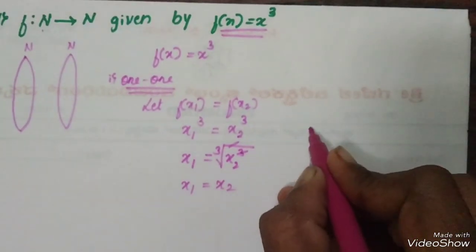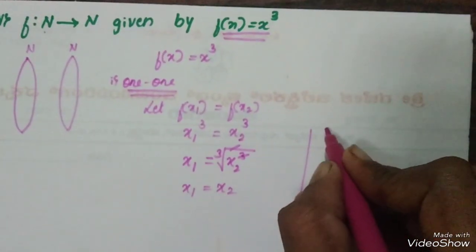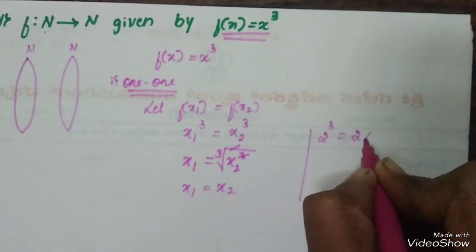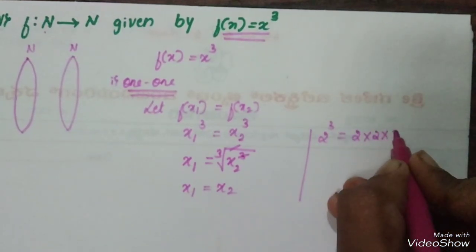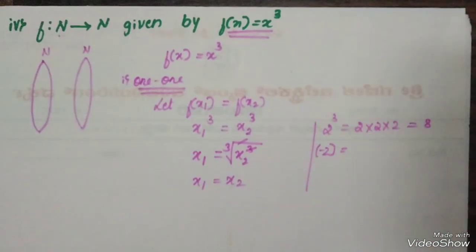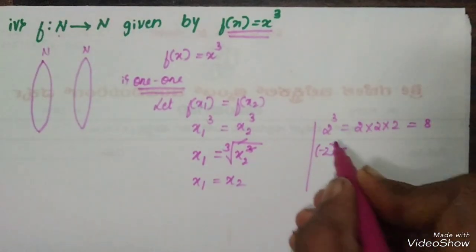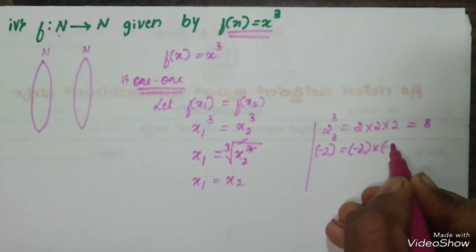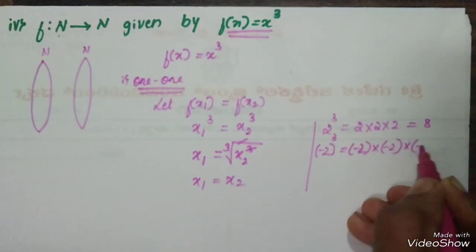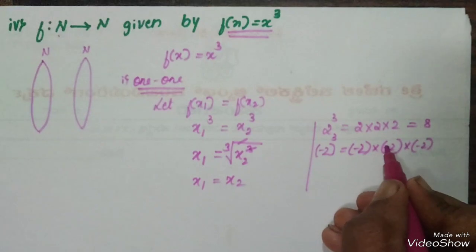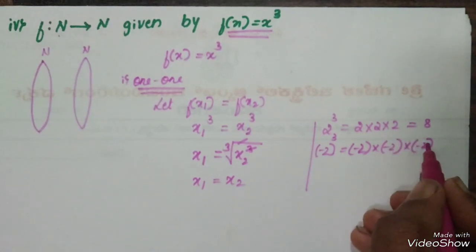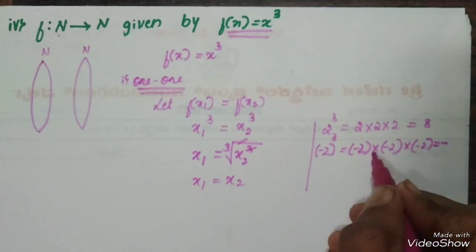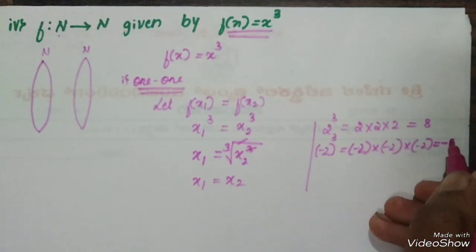For example, when we take 2 cube, it is 2 into 2 into 2. Taking minus 2 cube, that is minus 2 into minus 2 into minus 2. Minus into minus is plus, plus into minus is minus, 2 into 2 is 4, 4 into 2 is 8.